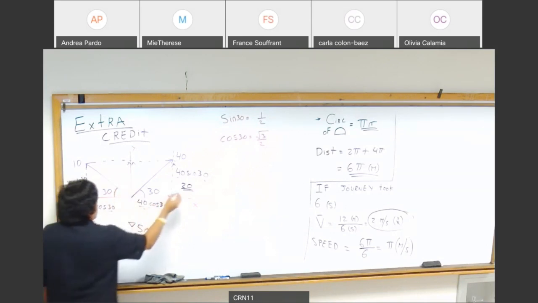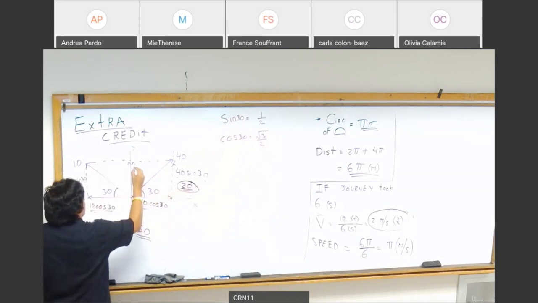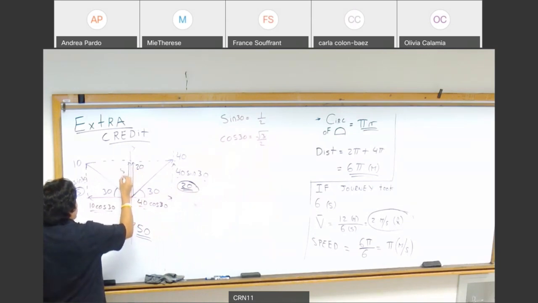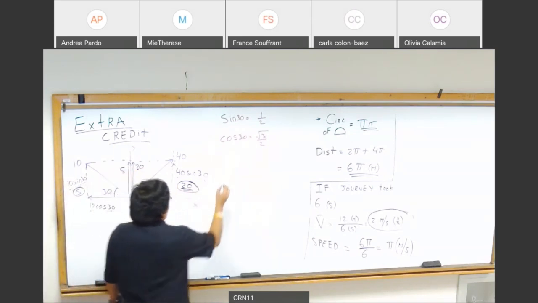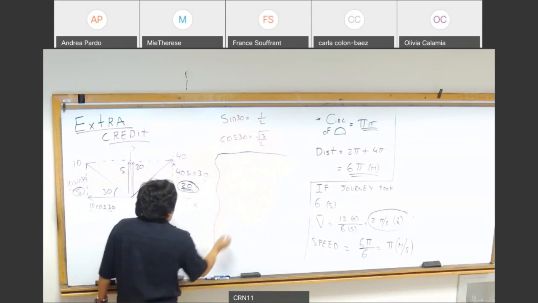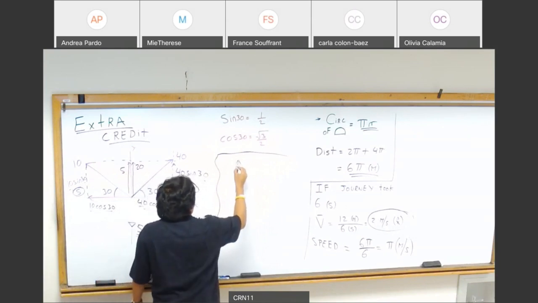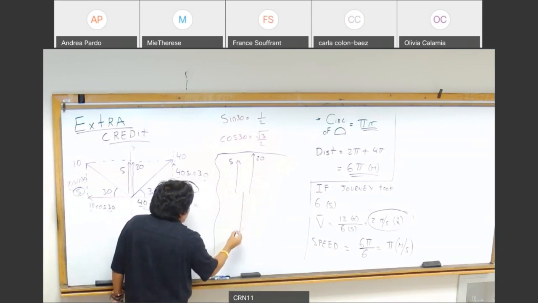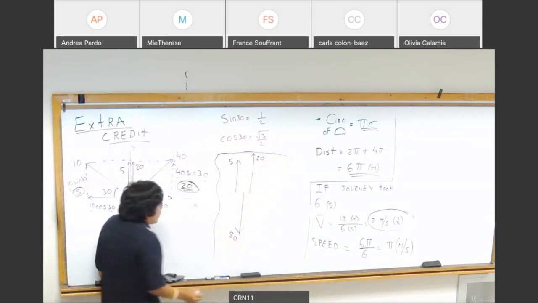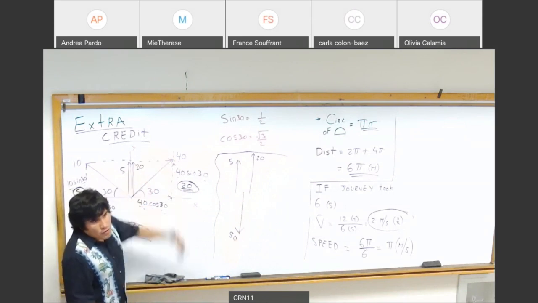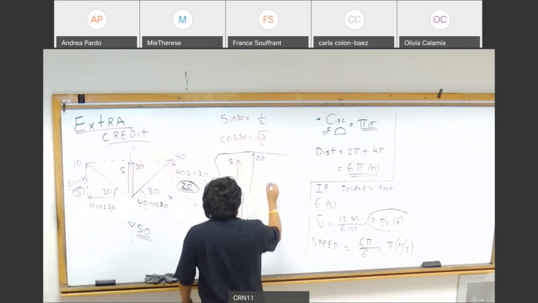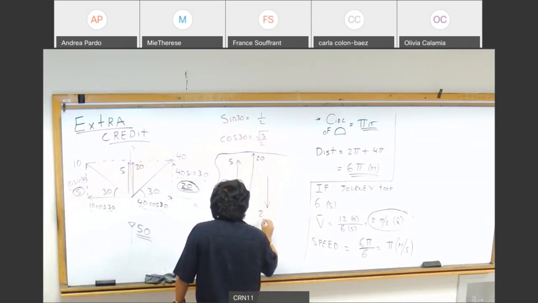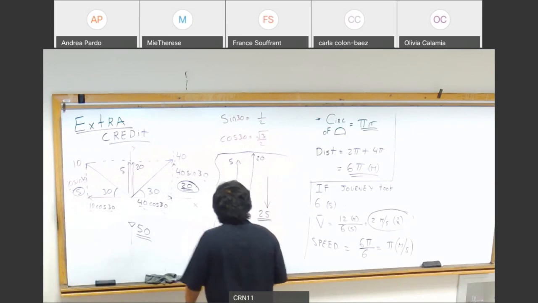So let's focus on the y-axis first. You have two vectors, one going up 20, another one also going up 5. So you have this. Two vectors, one with 5 units, one with 20 units, but you have a vector going down with 50 units. So 25 goes up, 50 goes down, the overall direction will be 25 going down.